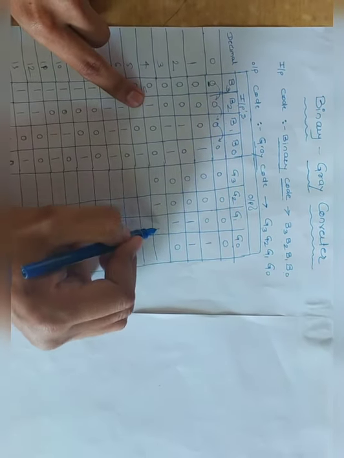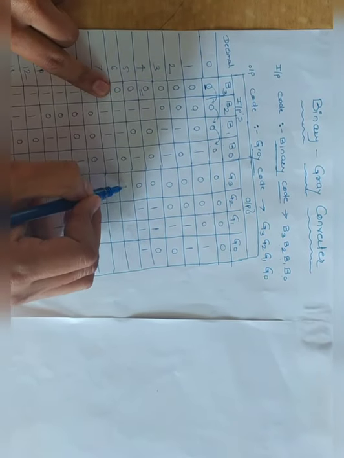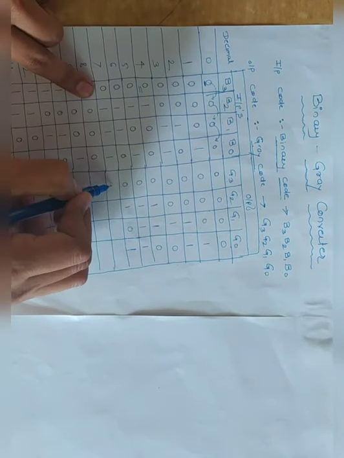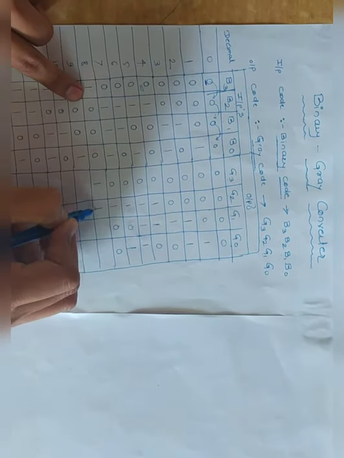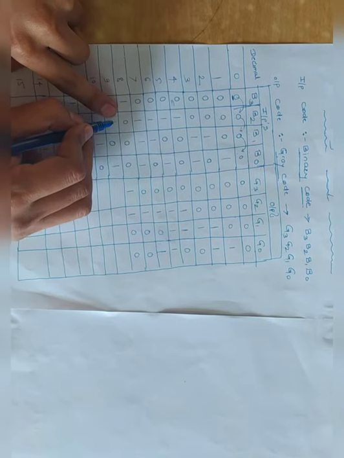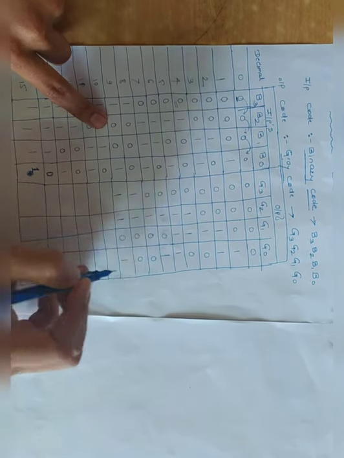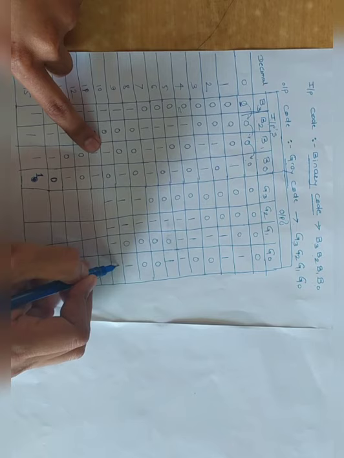Now 0 as it is, 0 XOR 1 is 1, so 0 1 0 1. For the next, the first bit is as it is, giving 1 0 0, and the same way you have to find all of these. Next, first bit as it is, 1 1 0 1, and then 1 0 1 0, 1 1 1 0, and so on.